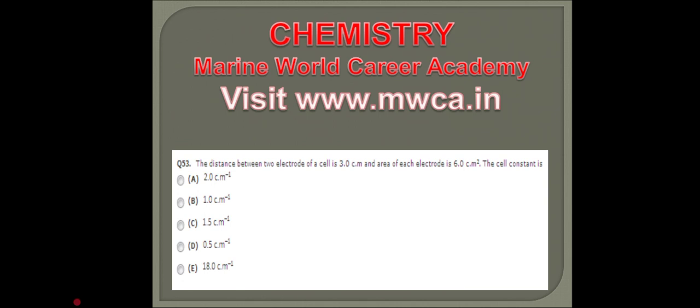Next question number 53. The distance between two electrodes of a cell is 3 cm and area of each electrode is 6 cm square. The cell constant is option A, 2 cm inverse.